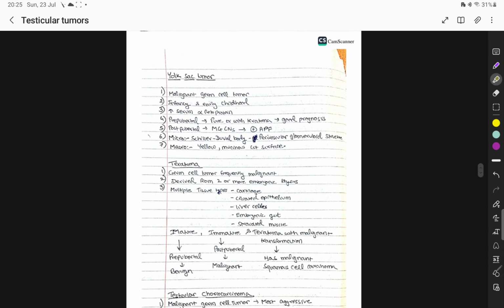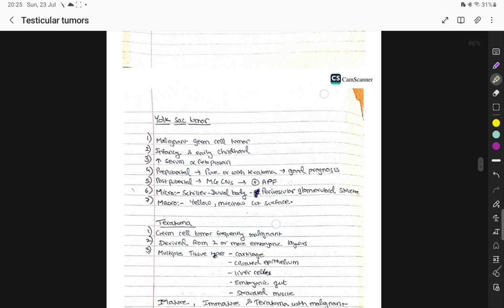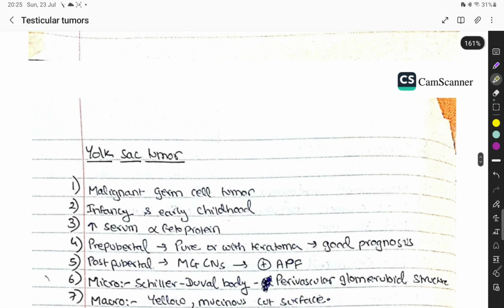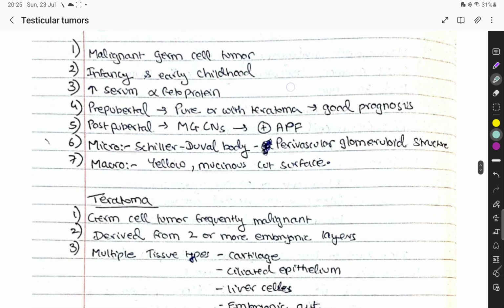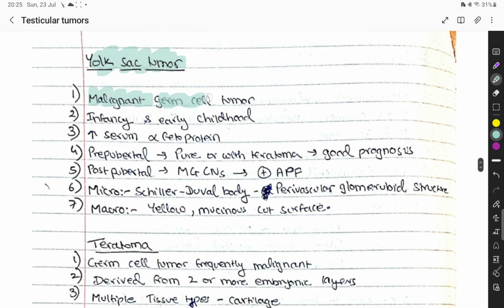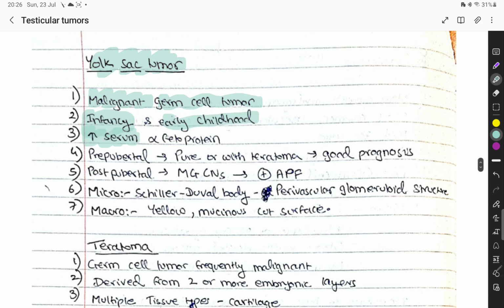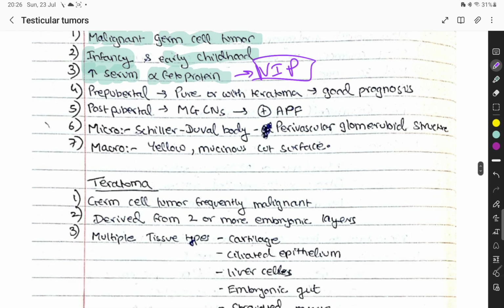Okay, now we do yolk sac tumors. Yolk sac tumors are again a malignant germ cell tumor. It mainly happens in infancy or early childhood. It increases serum alpha fetoprotein, very important. This is VIP information.